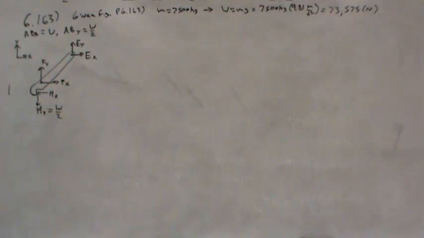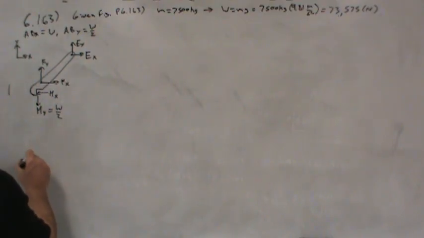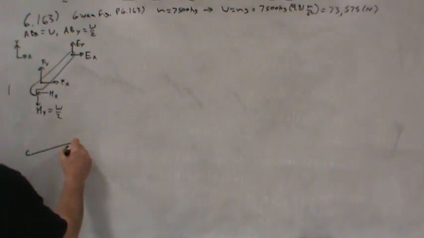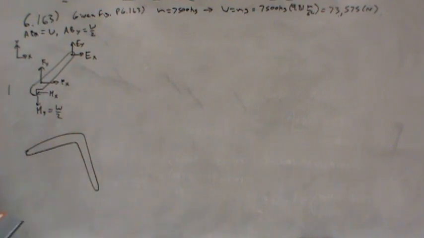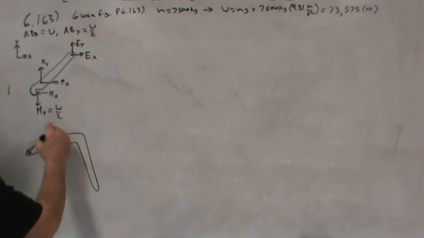Now that arm, again, I will try to do a better job of drawing it than I did in my solution, so that it looks more like what we've got. So something like this, and it comes down like that. And maybe something like that. Where we have point B right here being pulled with force AB.